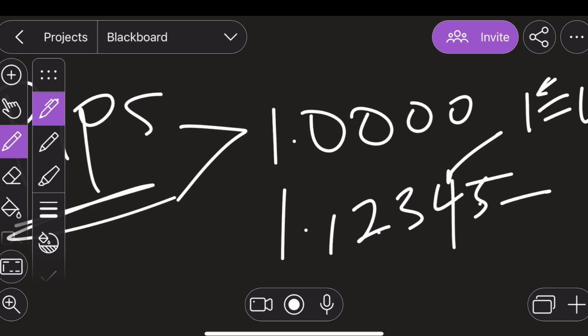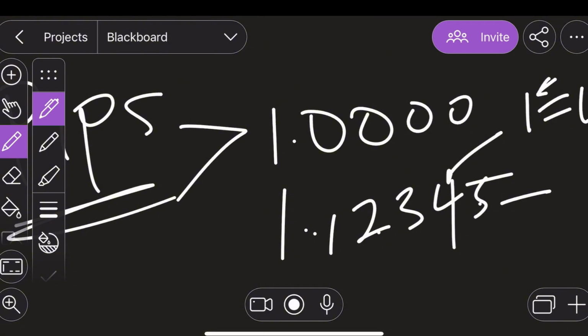So a pip is always the fourth figure in major currencies, or currencies that have decimals in the first place. The pip is always the fourth digit after the decimal.